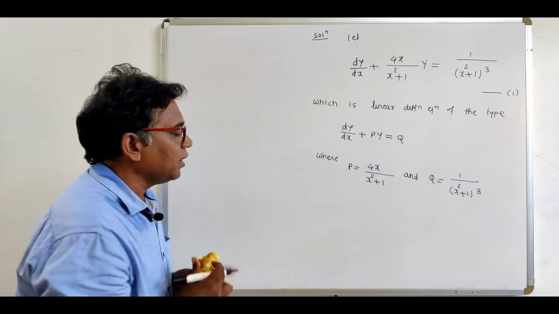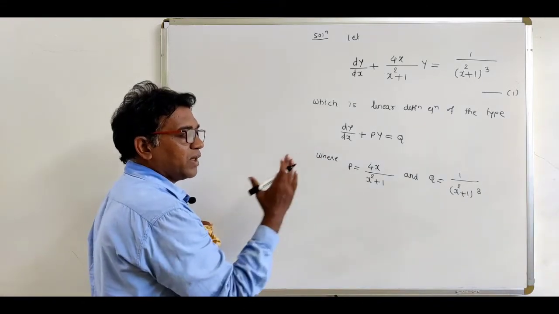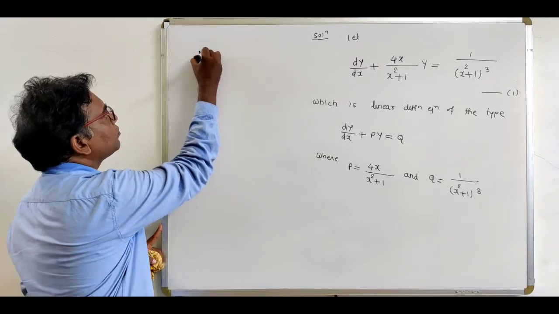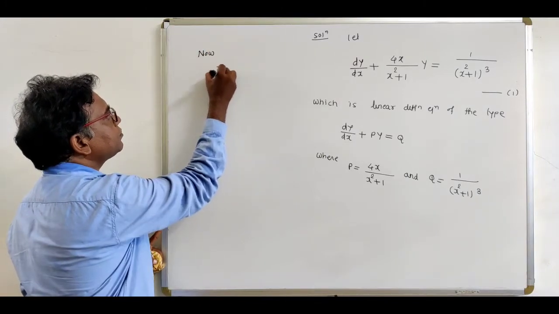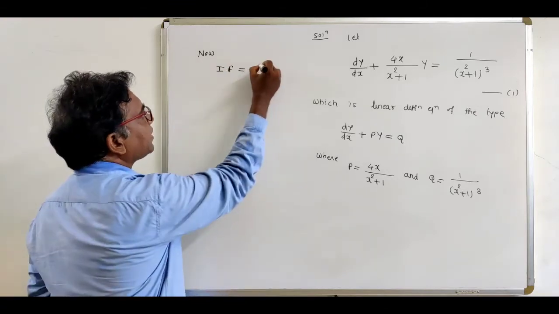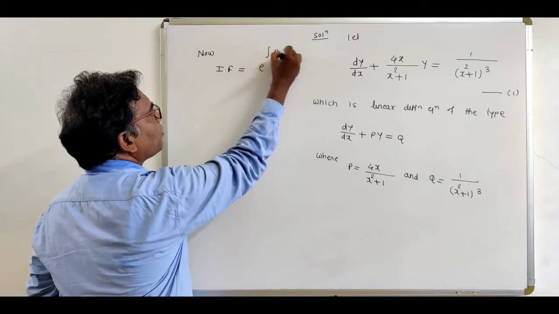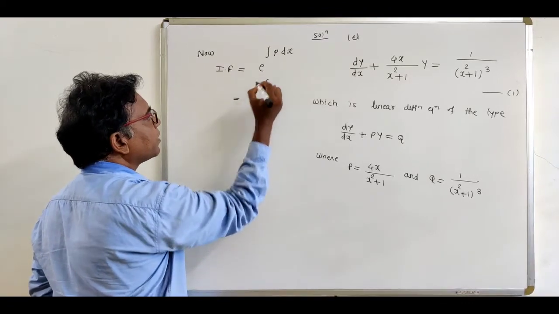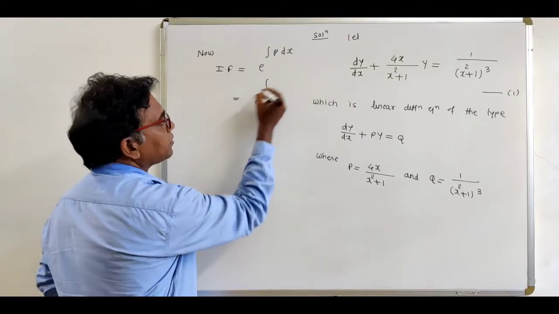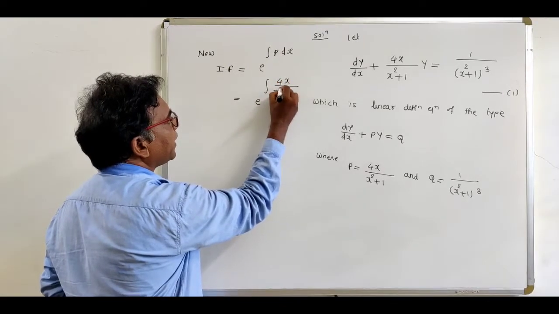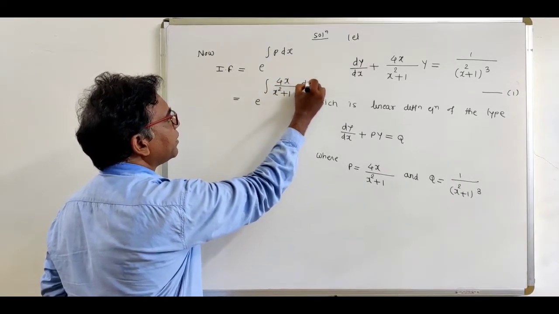What is the next step? We have to find the integrating factor. The integrating factor is equal to e raised to integral p dx, the formula. So just put the value of p: 4x upon x square plus 1 dx.